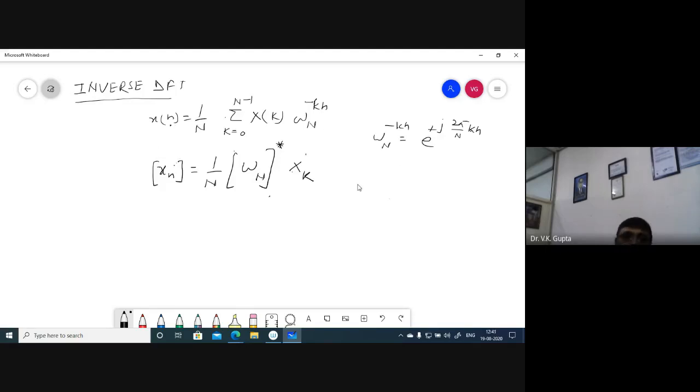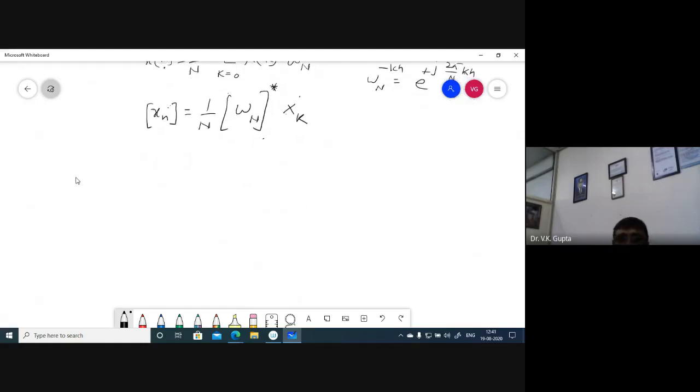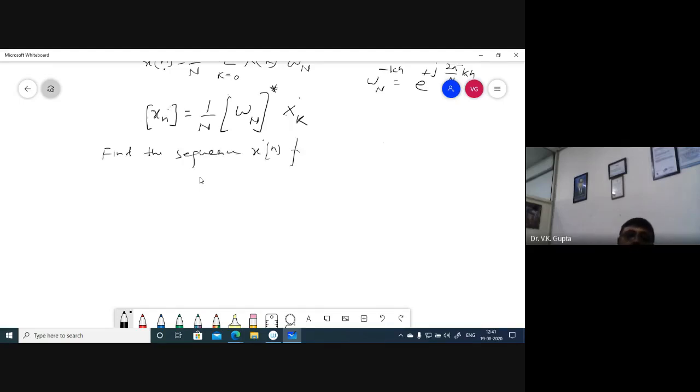Let us have one example. Find the sequence x[n] from its 4-point DFT X[k] is equal to 6, 0, -2, 0.